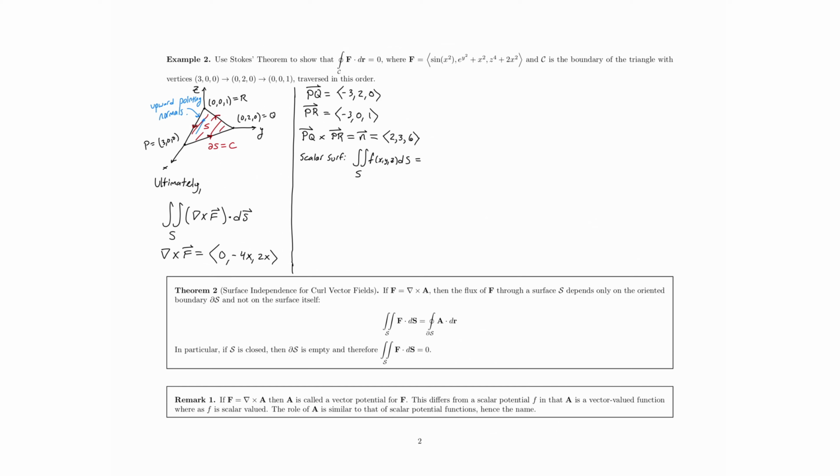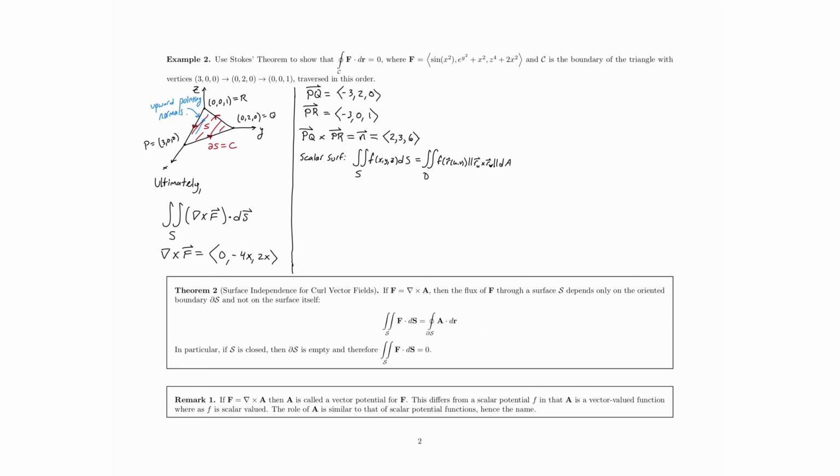And the way we calculated this was the double integral over D, where D is the parameter domain for the parameterization that generates S, f of r of uv, and then we'd multiply by the magnitude of the cross product of the partial derivatives.